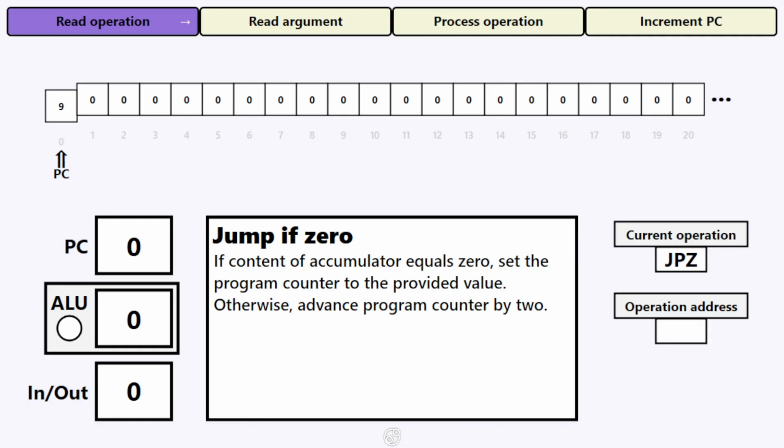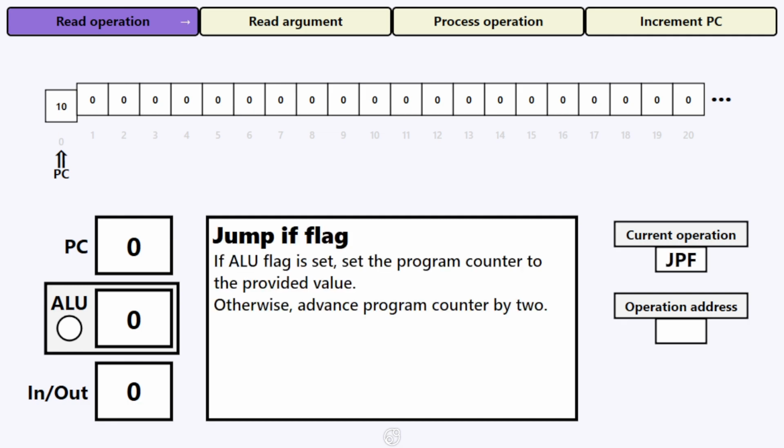Now there's a variation of this, and it's jump if flag. Same logic, it's a conditional jump, but this one doesn't trigger if the accumulator is 0. It triggers if this flag in the ALU is set. So the same flag that is getting set when we have an over or underflow, or as we saw earlier, when we move a set bit, a 1, out of the memory cell with a bit shift, left or right, doesn't matter.